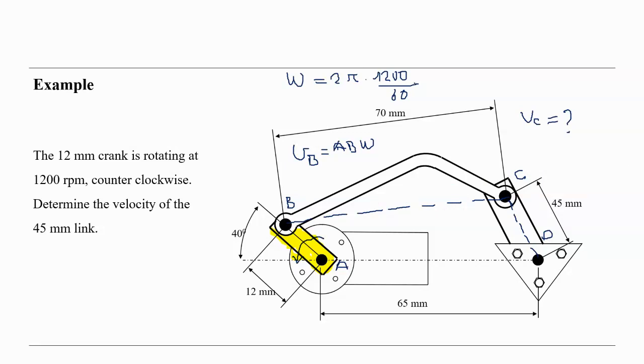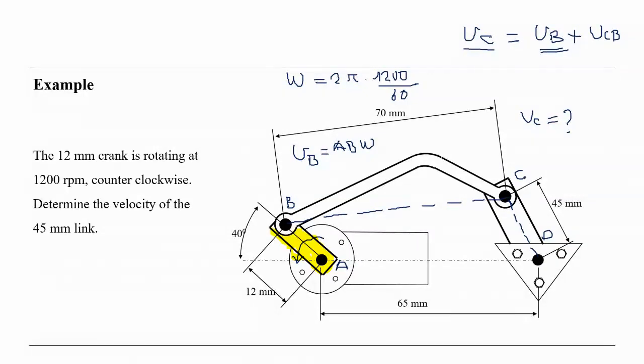Then using these equations, VC is equal to VB plus VCB, C about the point B. VB is known already, direction and magnitude.